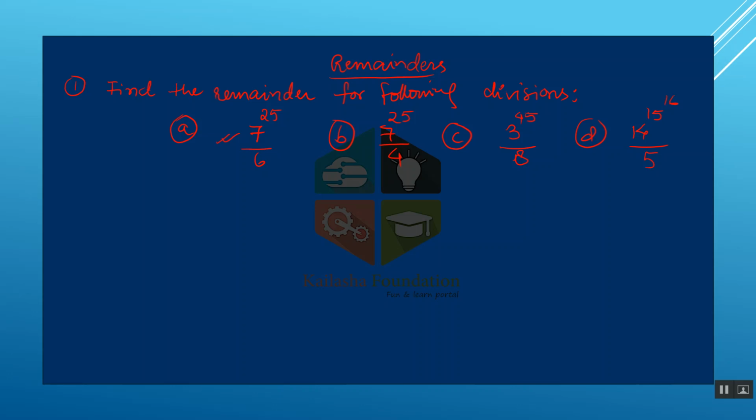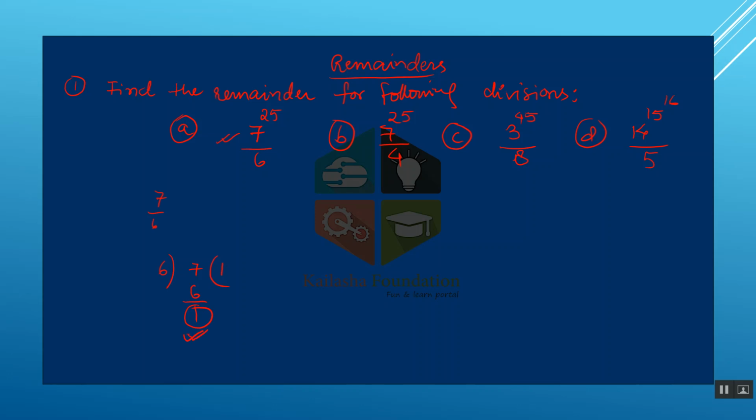Yes, 7 is basically 6 plus 1 raised to the power 25. At first we try to find 7 by 6. What is the remainder? When we divide 7 by 6, the remainder is 1.